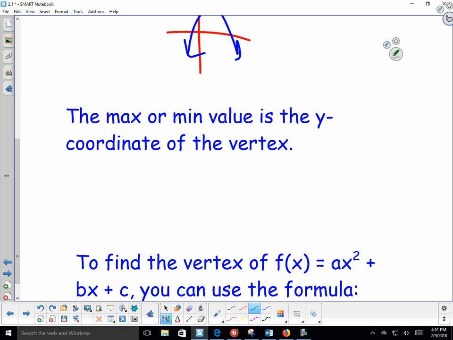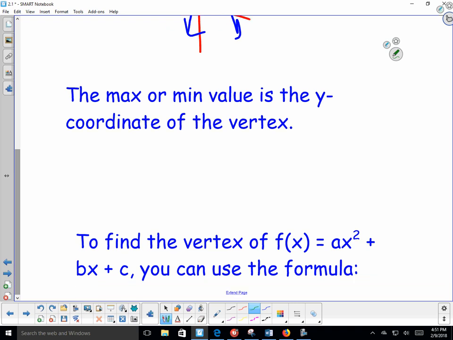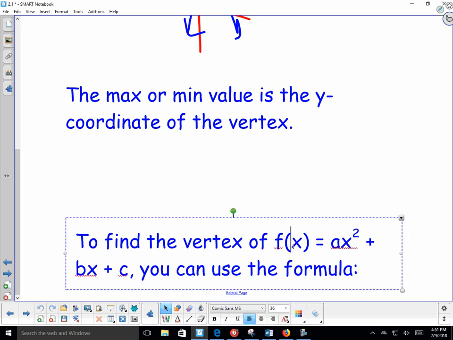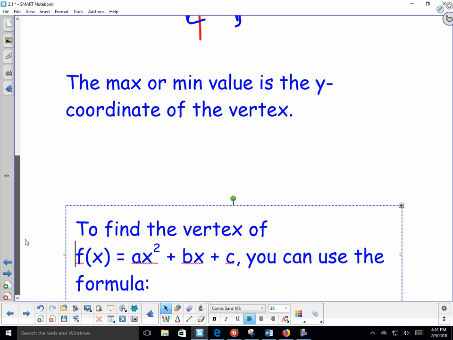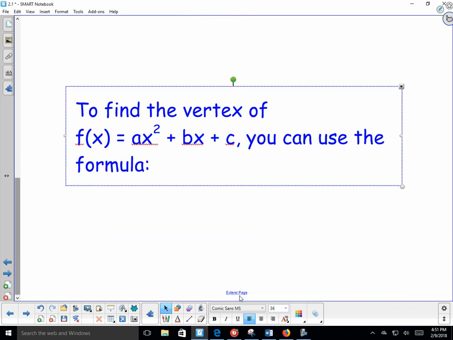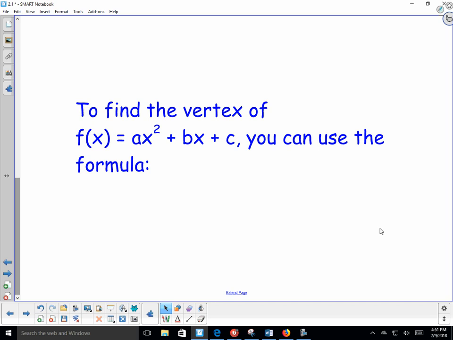All right, so to find the vertex of f of x equaling ax squared plus bx plus c, you could use the formula x equals negative b over 2a.